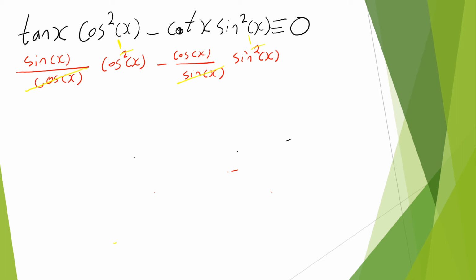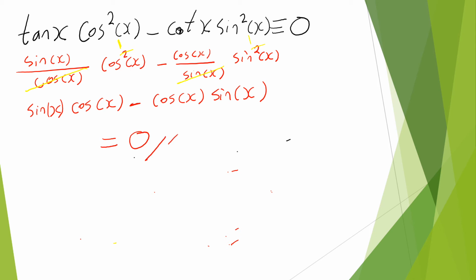So now rewriting, I've got sine x cosine x minus cosine x sine x, and any term minus exactly the same term is equal to 0, and then you just say proven. That's it.